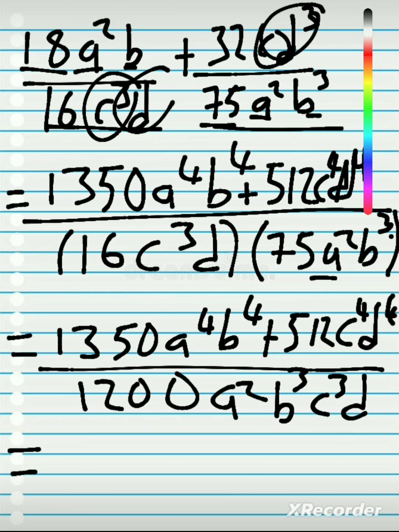In case you want to reduce on top, you can factorize 2 out. So 1350 divided by 2 with your calculator, it's 675.